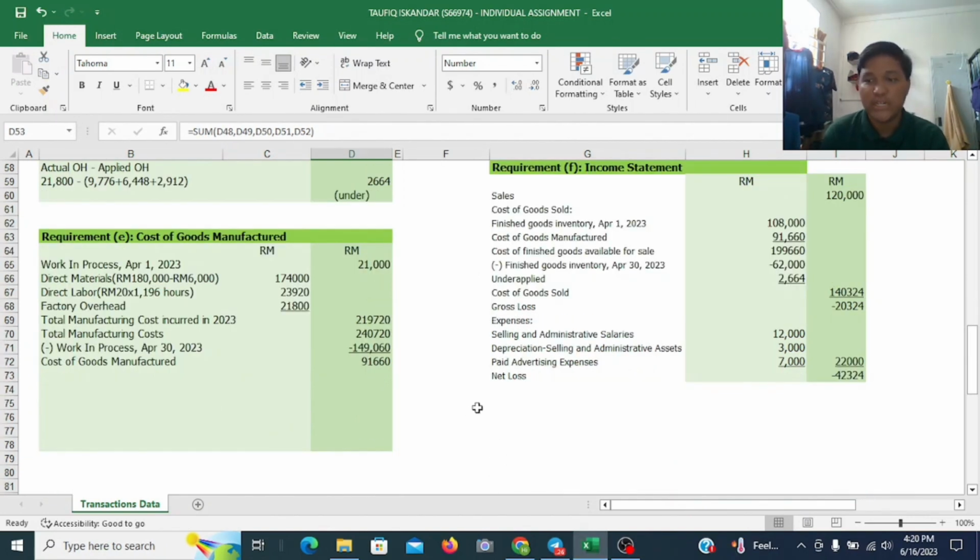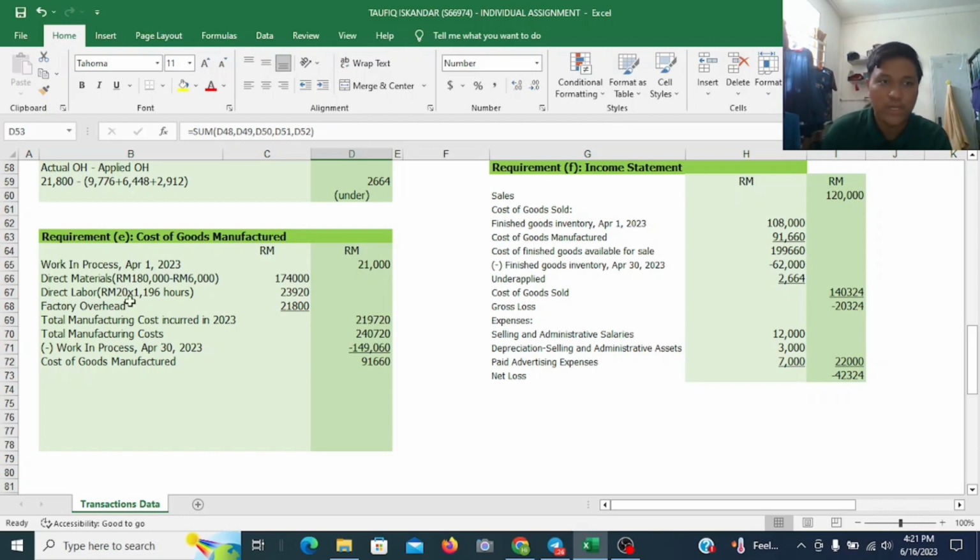For question E, we need to compute the cost of goods manufactured for the month ended 30 April 2023. So we need to prepare the statement of cost of goods manufactured for the month ended 30 April 2023.